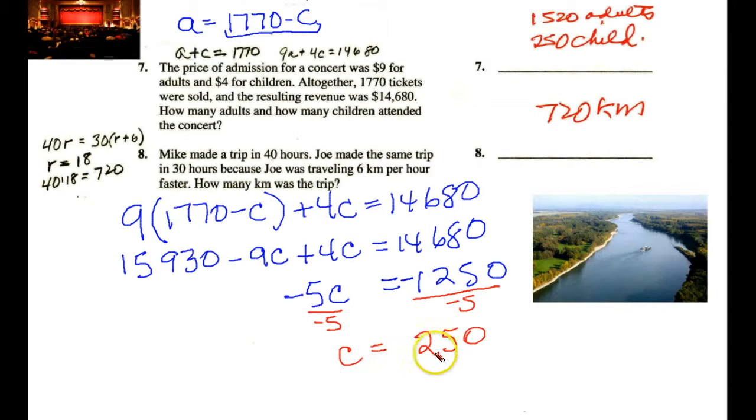And we get C equals 250, which is what we have. Now, if we subtract 250 from 1770, the difference is 1520. That would be your adults.